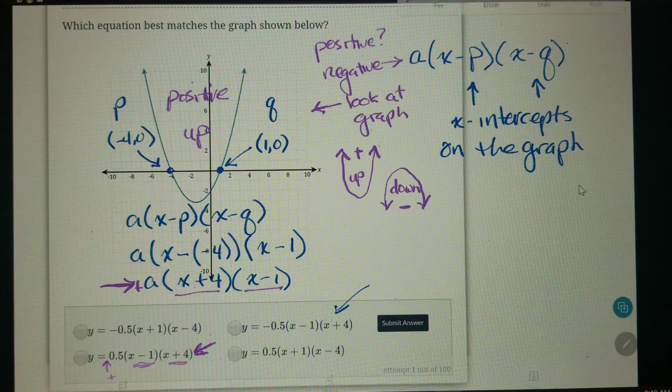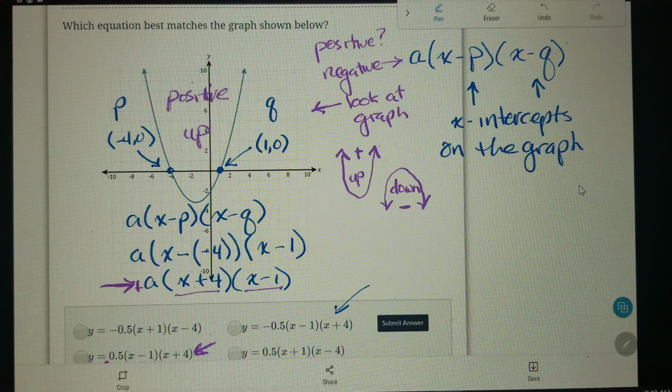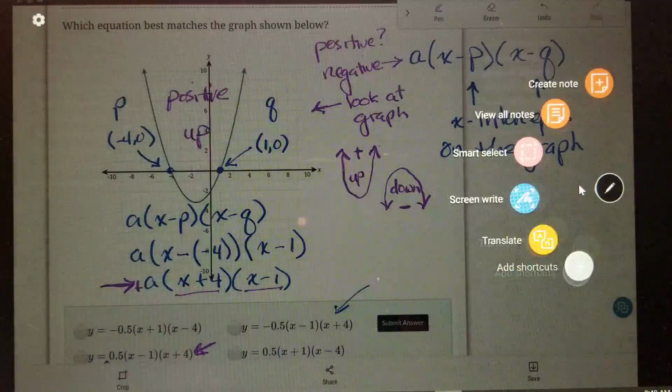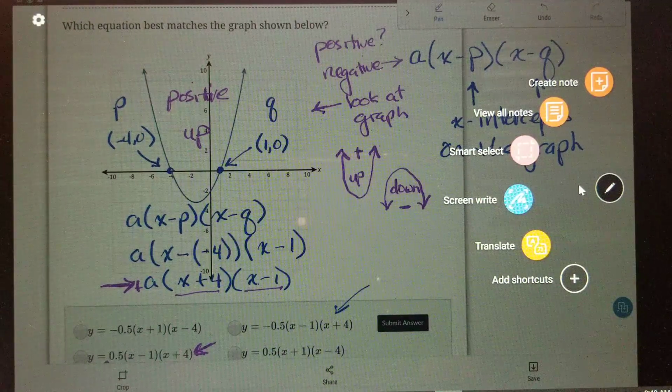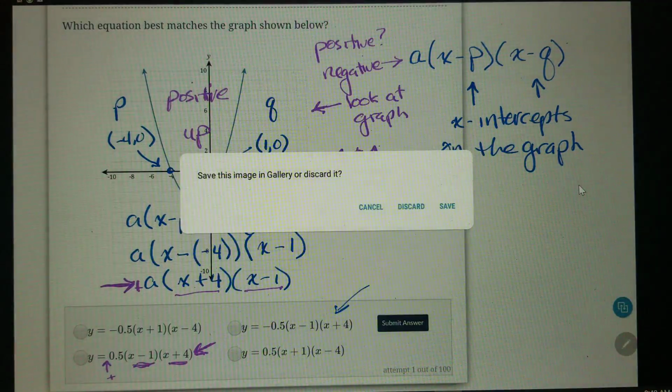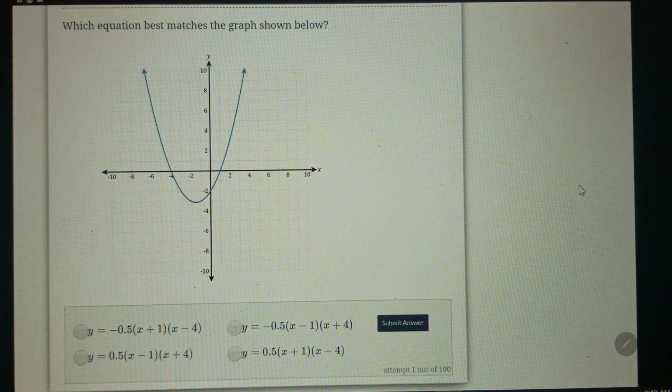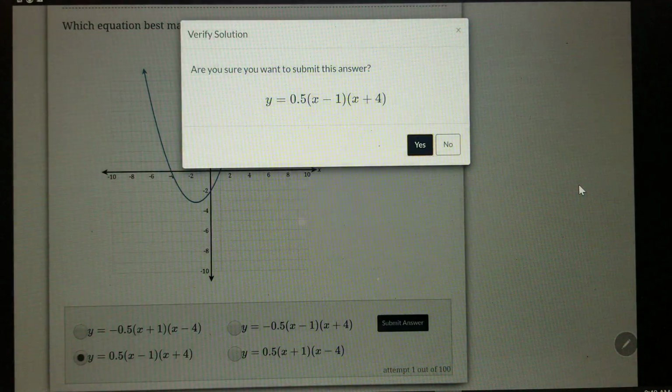So this is our answer. I'm going to have to erase everything on the screen. All right, and so we're going to click that one and submit answer.